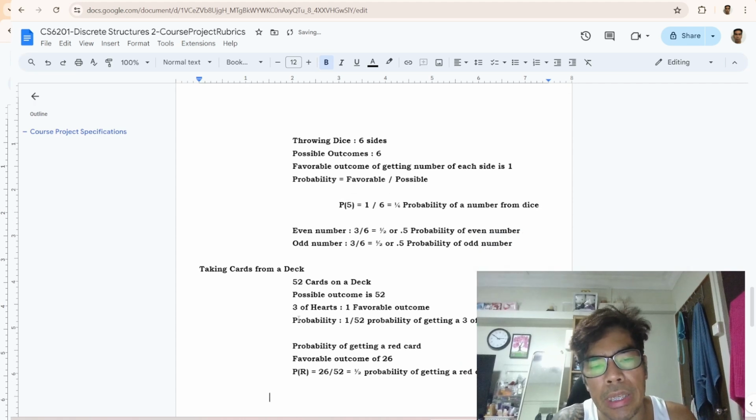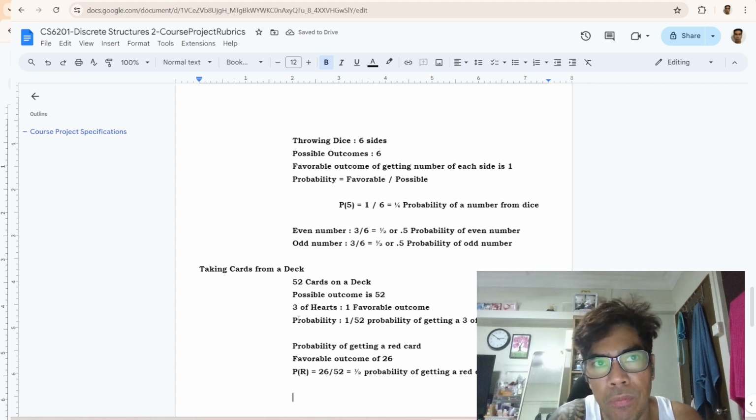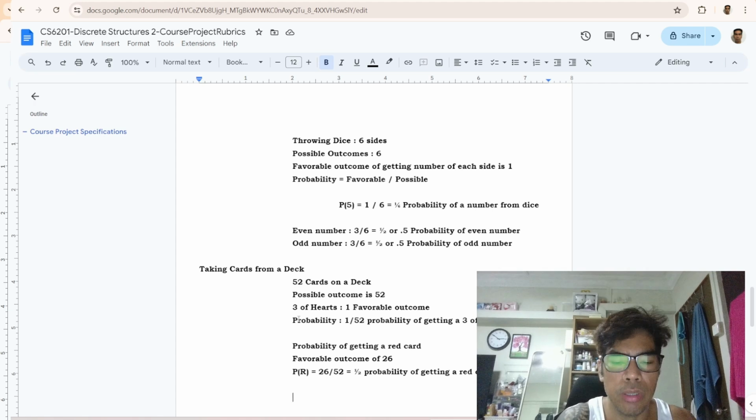Now, let's say they want the probability of getting a king, a face card. How many kings do we have? We have a favorable outcome of 4 kings.